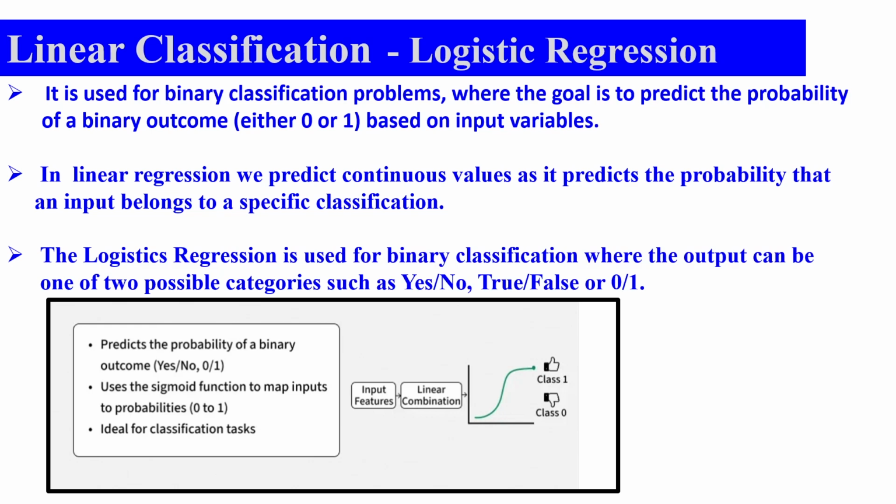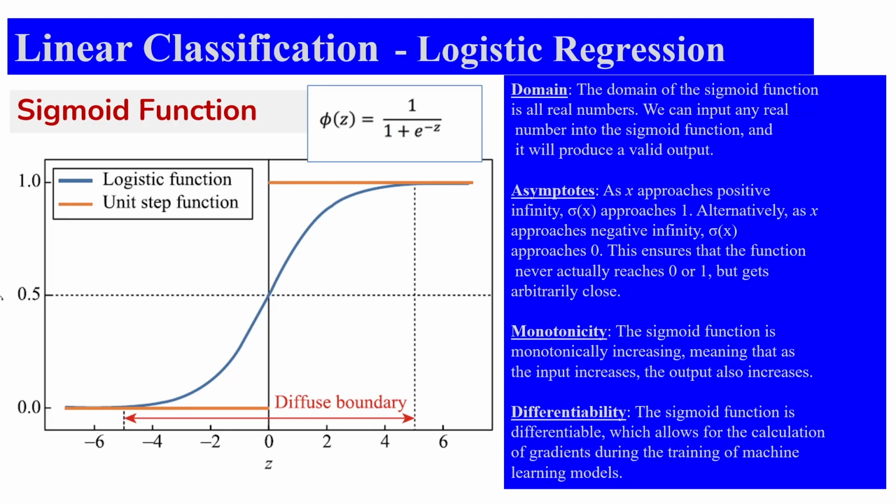And this is ideal for any classification task. It is very important that we use the sigmoid function to do that. It is a basic function to use. The fundamental equation is 1 by 1 plus exponential minus z, and this is how it looks.